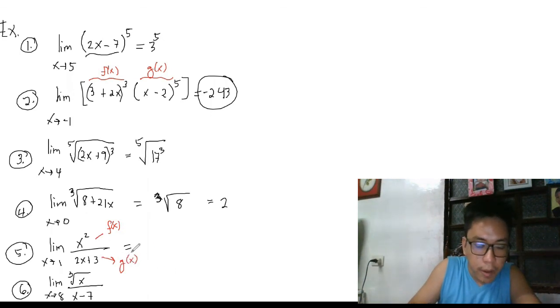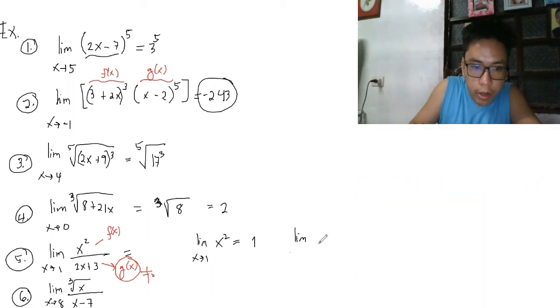So you have to make sure that the limit of g of x here is not equal to 0. In this case, the limit of x squared as x approaches 1 is technically 1. The limit of 2x plus 3 as x approaches 1 is basically 5. So therefore, the answer here is 1 over 5.